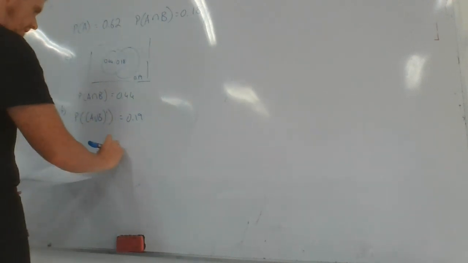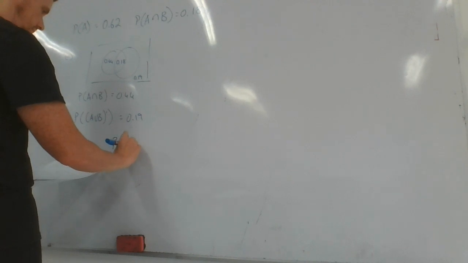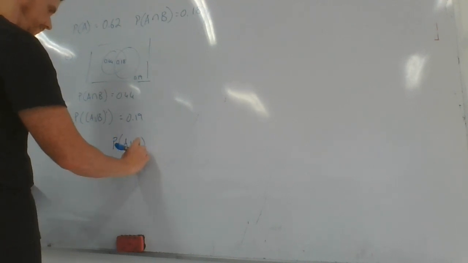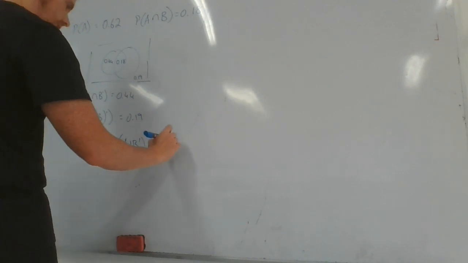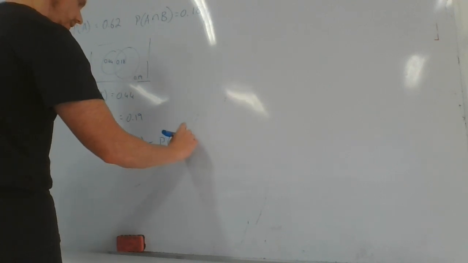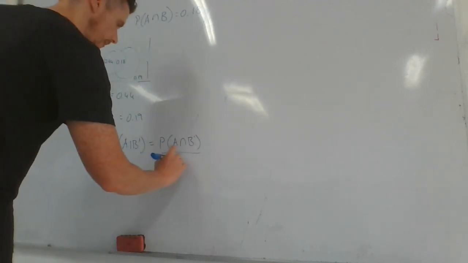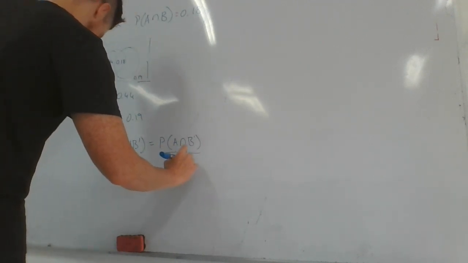Alright, that's as much information as we need to solve this because we have our conditional probability formula from our formula booklet. So that is the probability, get it from your formula booklet, A intersection B complement all over the probability of B complement. Awesome. So probability of A intersection B complement, you have this from the first part, 0.44.